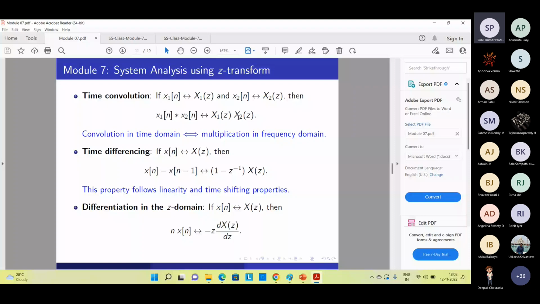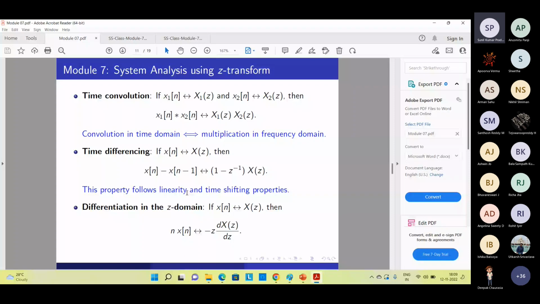Let's say the time differencing property. Let's say x[n] has Z transform X(z). Then x[n] minus x[n minus 1] will have the corresponding Z transform 1 minus z inverse times X(z). This property follows from linearity and the time shifting property. Now what will be the differentiation property in the Z transform?